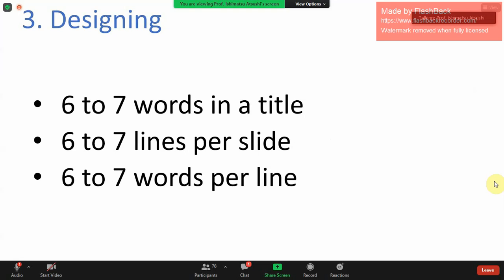Because of simple, short, large, legible, many of those books and other sources recommend this.